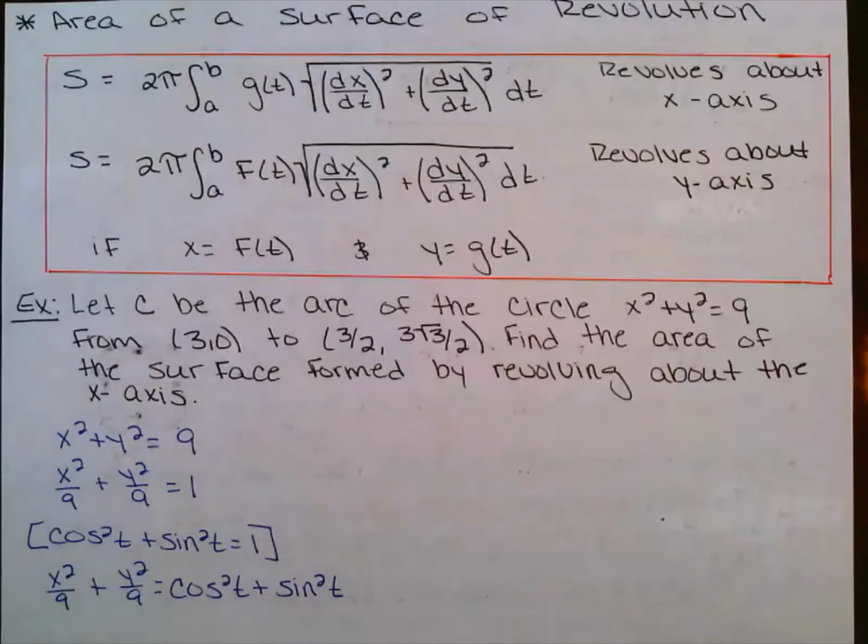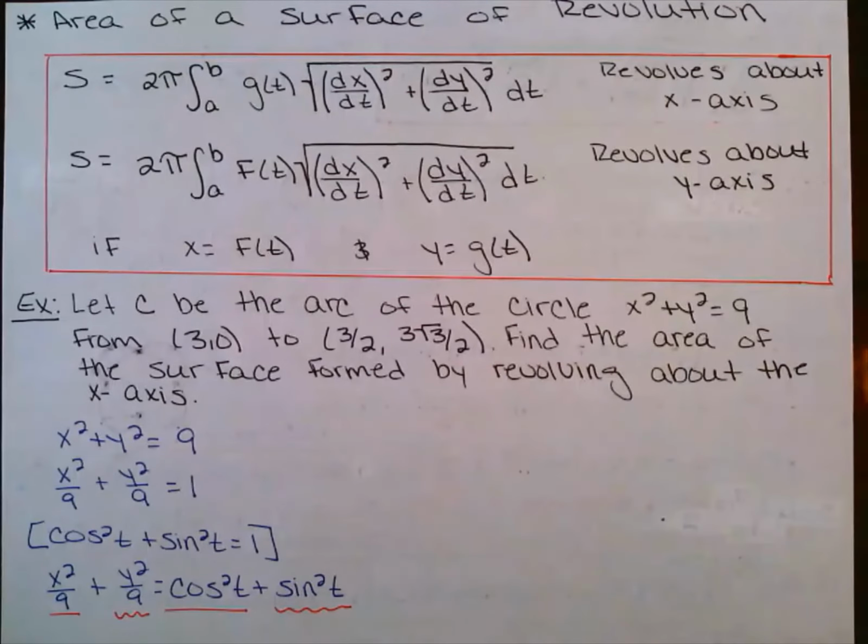Now, I am allowed to write this as two separate equations, okay, which is going to be this one with this one, because remember my unit circle cosines represent the x's, and then this term with the y's with the sine. So I'm going to say x squared over 9 equals cosine squared of t, and I can say that y squared over 9 equals sine squared of t.